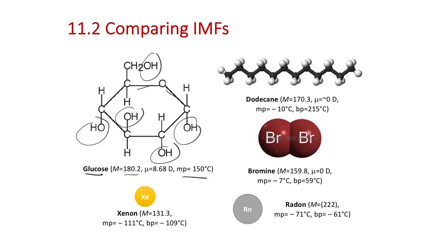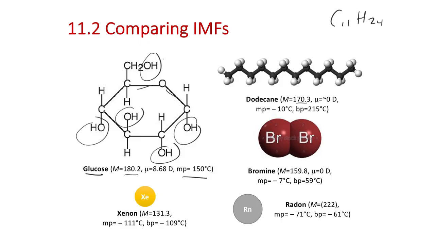So just to get a sense of how big the molecule is, let's compare that to a molecule that has roughly the same molar mass, at 170 grams per mole, the compound dodecane. So dodecane is the C11 hydrocarbon. I think that's what it is. C11H24. Does that make sense?